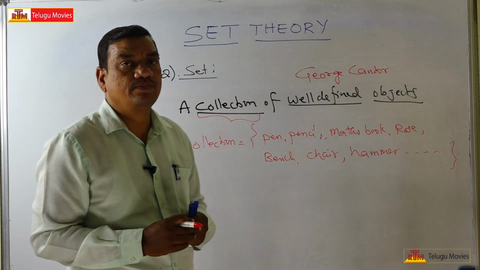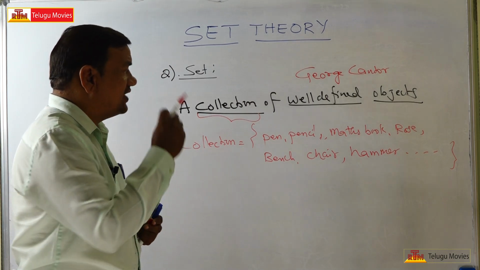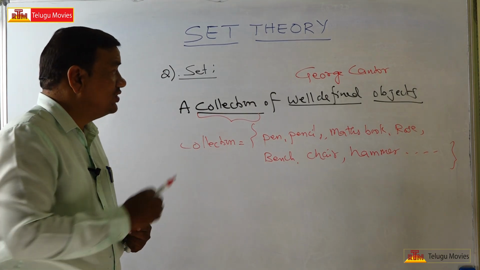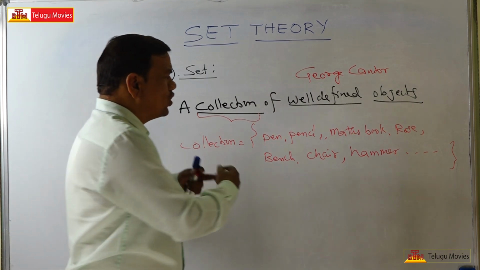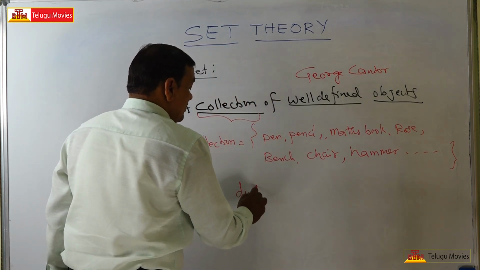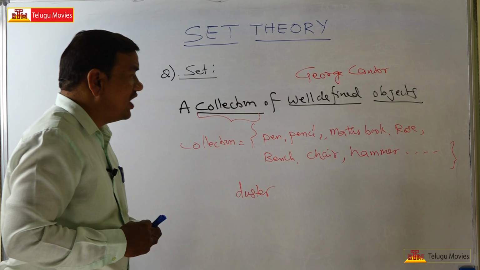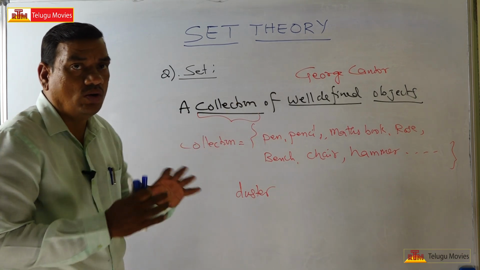This is a collection. When you say that an object belongs to this collection or not, can you say? For example, if I take a duster, all these things belong to some school property.